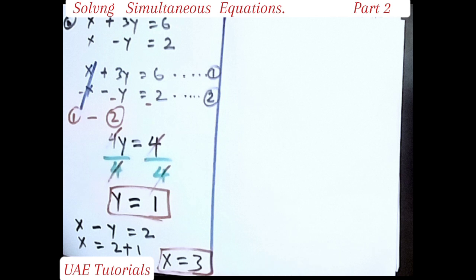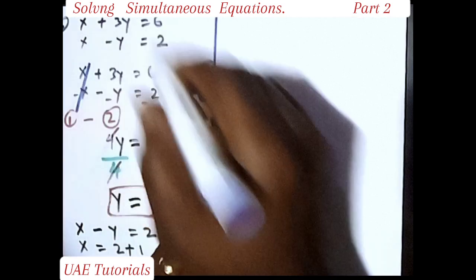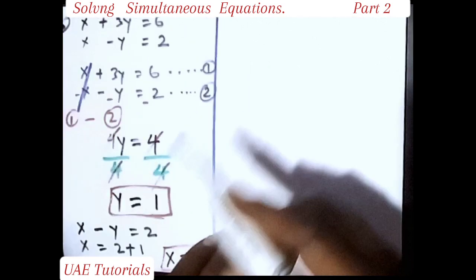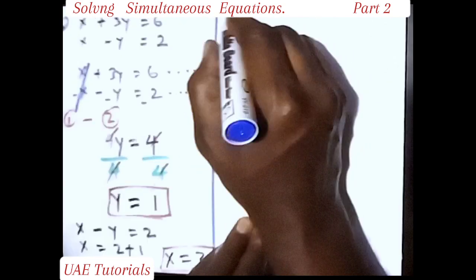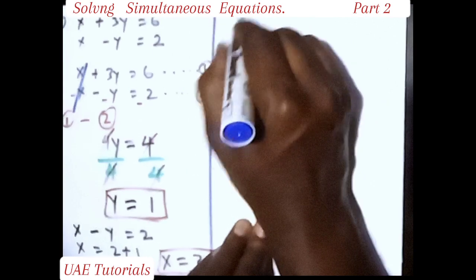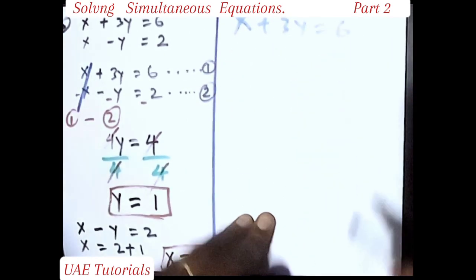So now that we have the values of the two variables, we want to go ahead and verify to see if these two values satisfy the two original equations. So guys, for the first equation, x plus 3y equals 6, x equals 3, y equals 1. Let's see how it goes. x plus 3y equals 6.